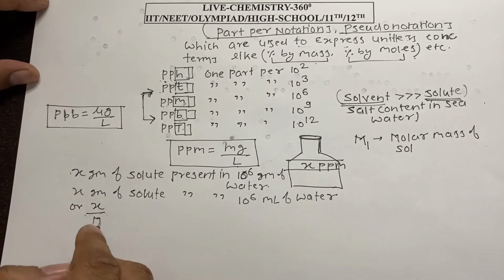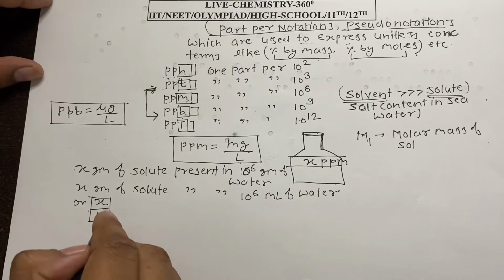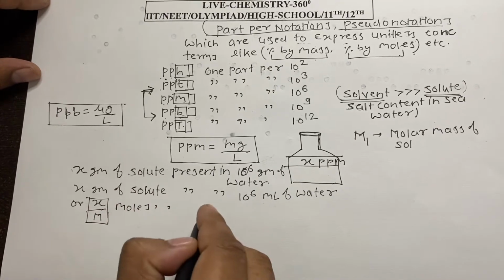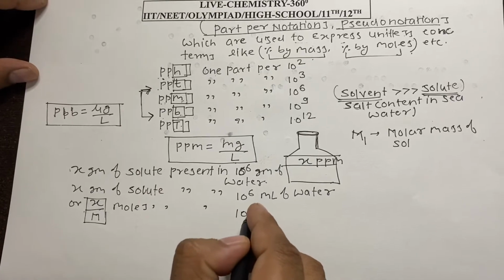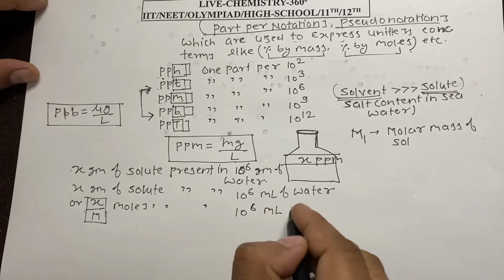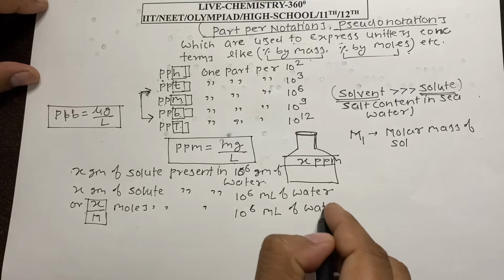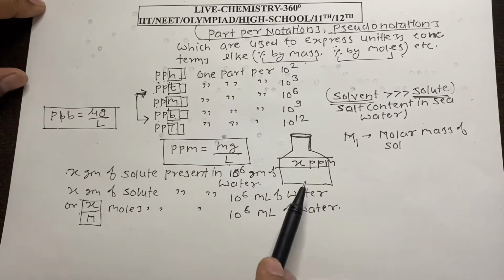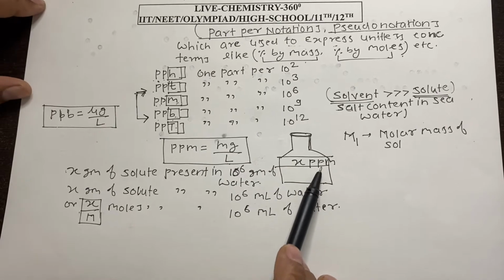We can say that x by m1 moles of solute are present in 10 to the power 6 ml of water. So this is the way we can record it if a bottle is labeled x ppm.